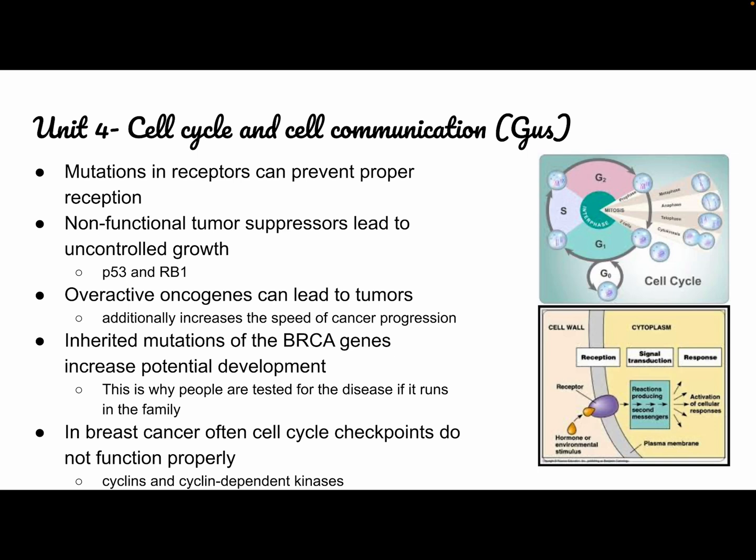Inherited mutations of the BRCA genes increase potential development, and this is why people who have the disease in the family usually get tested for it. And lastly, in breast cancer, often cell cycle checkpoints do not function properly. Cyclins and cyclin-dependent kinases.